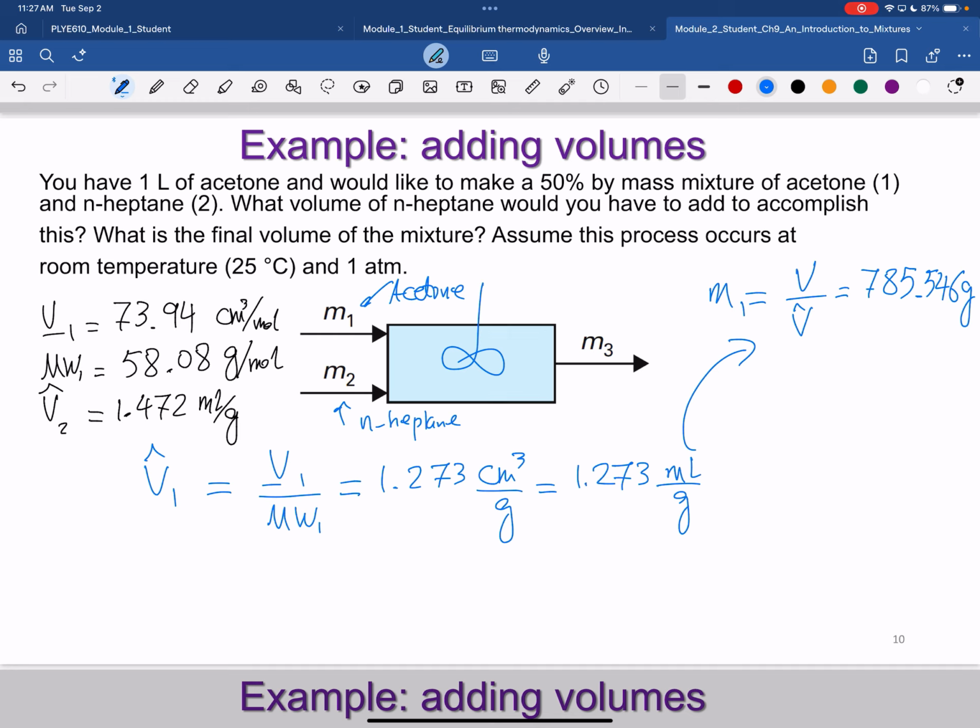Do you really need the molar mass of N-heptane here? I have given you the specific volume, right? So a specific volume can give you the total volume of the N-heptane, as long as you know the mass of the N-heptane. So can we calculate the mass of N-heptane here?